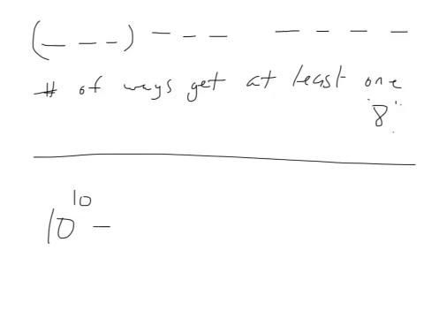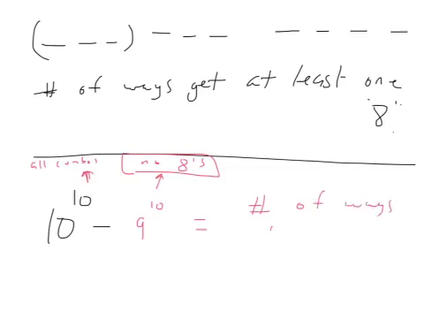Then I subtract the ways to get no 8s. For me to get no 8s, that means I can only use the digits 0, 1, 2, 3, 4, 5, 6, 7, 9. So there are 9 digits to use in 10 spots. By taking all the combos and subtracting the ways that I get no 8s, this is going to give me the number of ways for at least 1 eight.